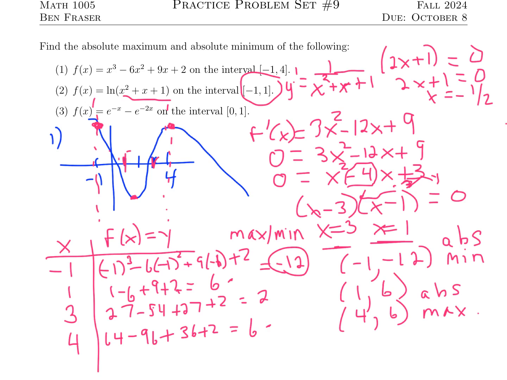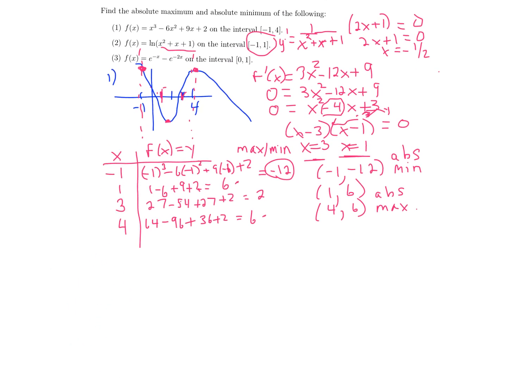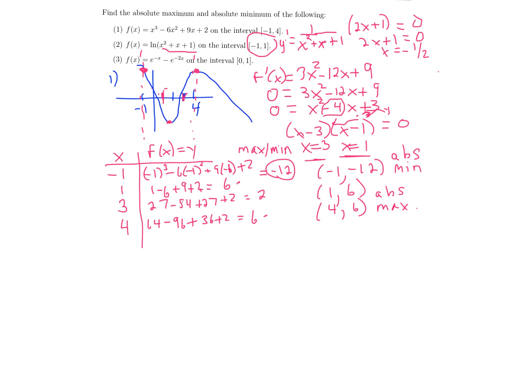And then for the third one, I'll help you out with your derivative on that one. Let me just make this a bit smaller. There we go. And so for question 3, when you find your first derivative, and you're going to take that and set it equal to 0, you're going to get -e to the -x, then you're going to get plus e to the -2x times -2.